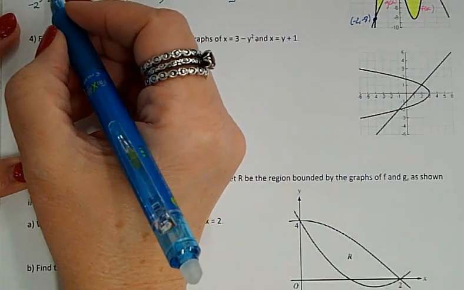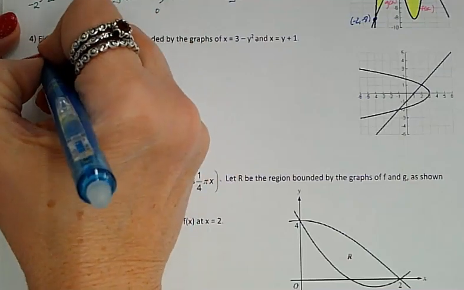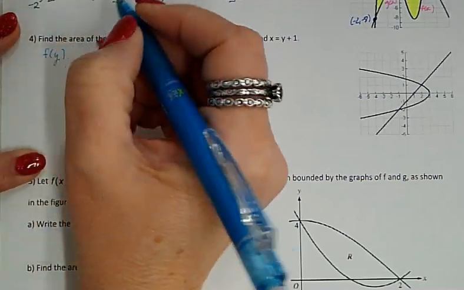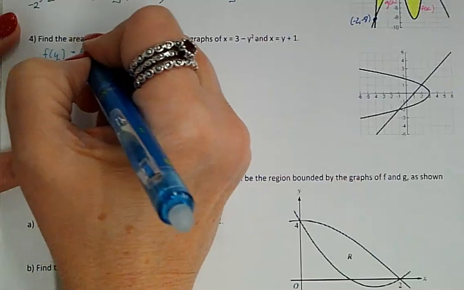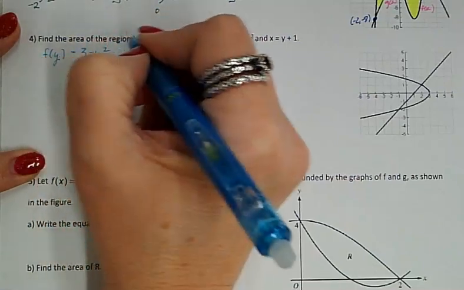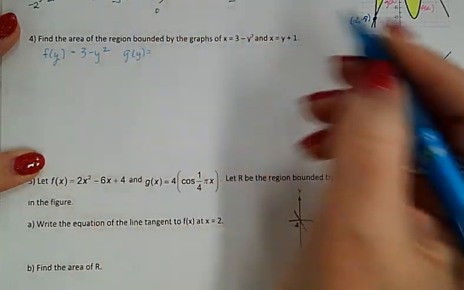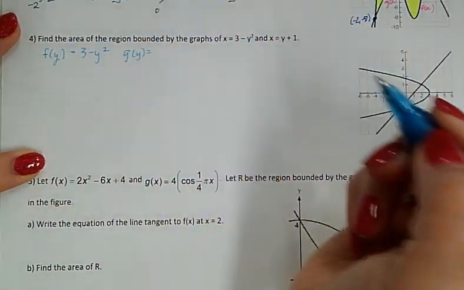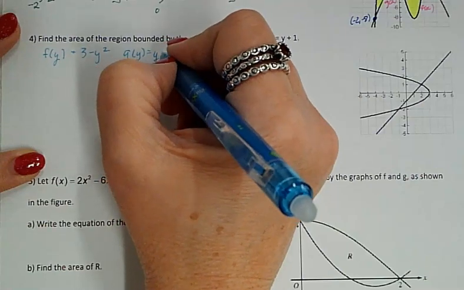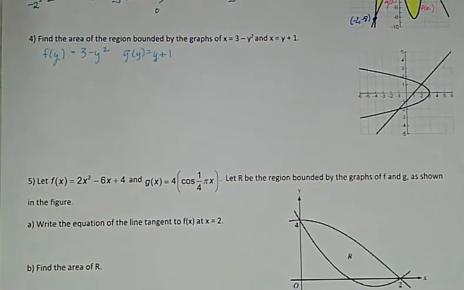So I'm going to reassign them letters, and I'm going to say f of y, because remember, it's x in terms of y, equals 3 minus y squared. And then I'm going to do g of y, and that's going to be the second equation, which is y plus 1. So I'm going to start out identifying that.